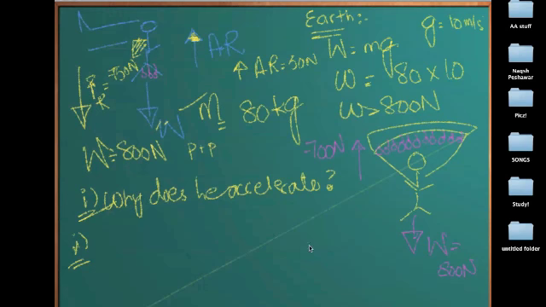Now let's find the resultant force. It would be 800 minus 700, still in this direction, but only 100 newtons. Comparatively, here it was 750 newtons and here it is 100 newtons, so the acceleration here would be less, while the acceleration there would be far more.